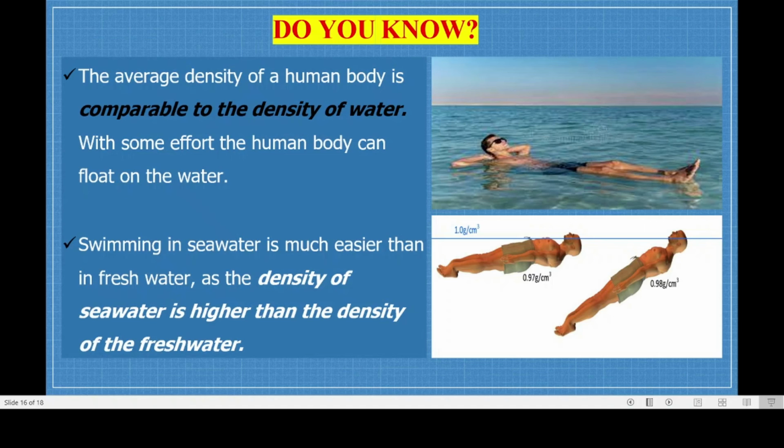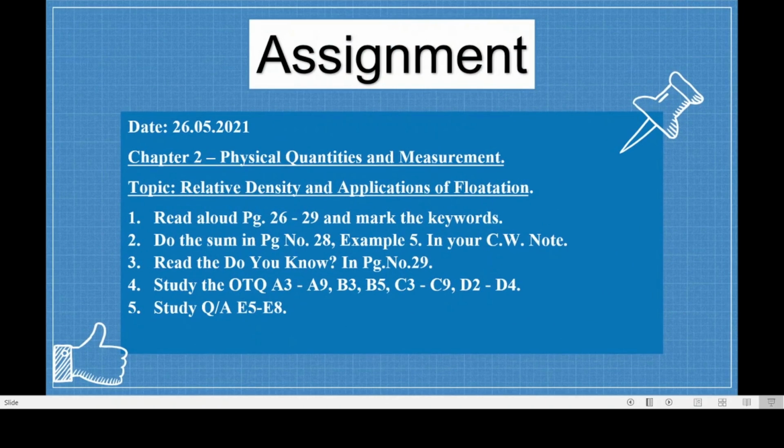So with some effort, the human body can float on the surface of the water. Swimming in seawater is much easier than in fresh water, as the density of seawater is higher than the density of fresh water.